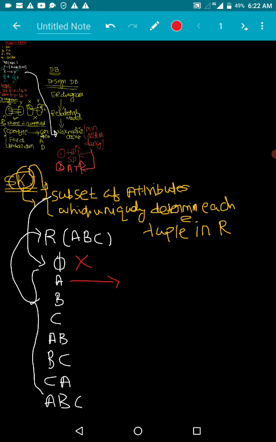Of course, A is a subset, but how to check? Does A uniquely determine each tuple in the relation? Therefore, attribute closure comes into the picture.